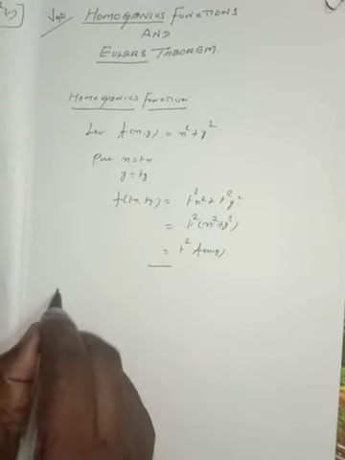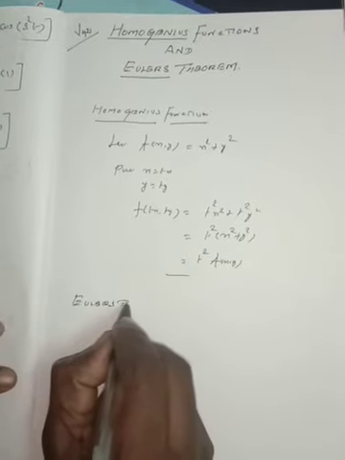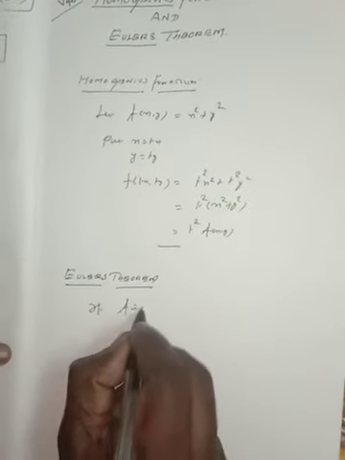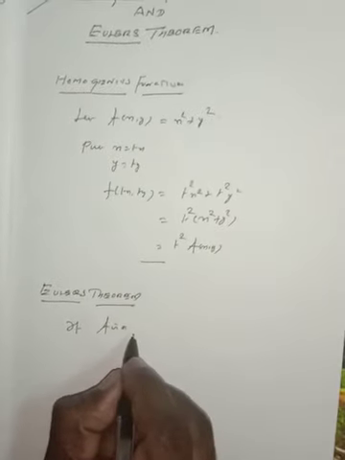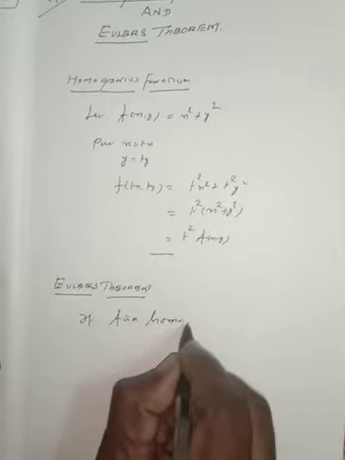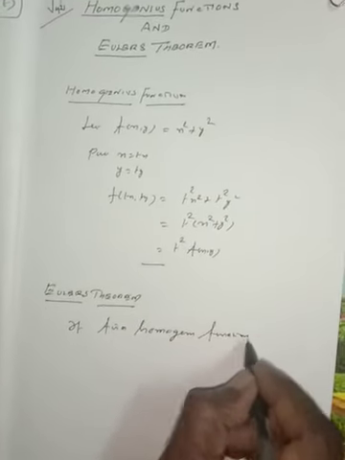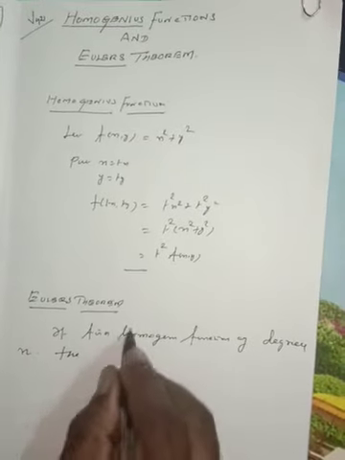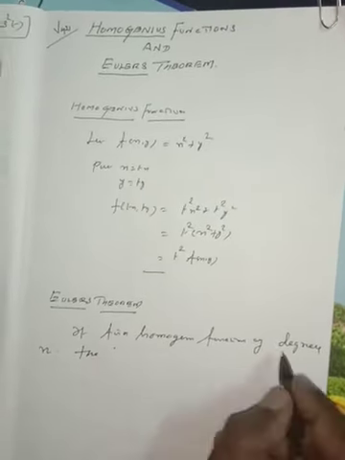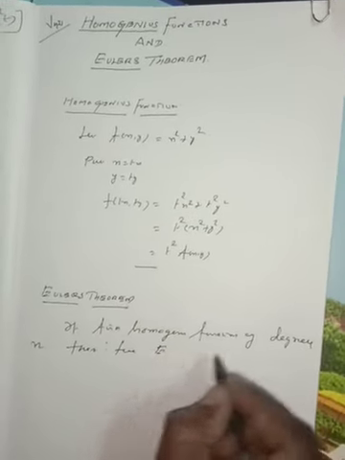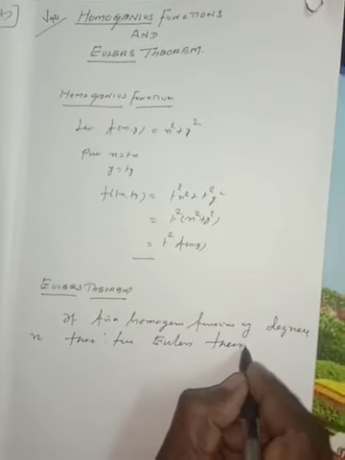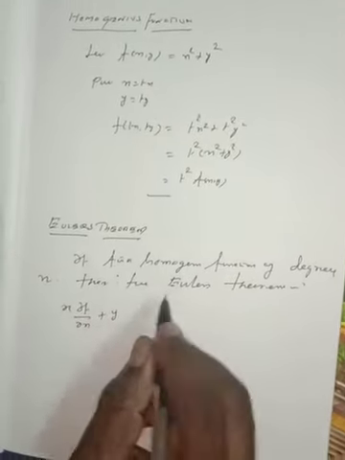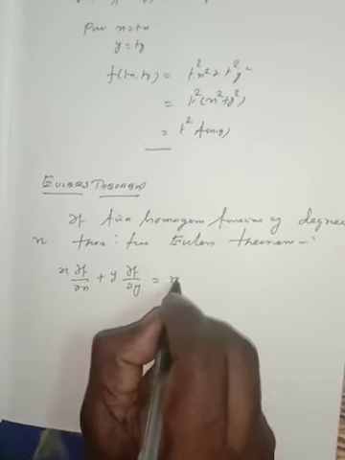Next, Euler's theorem. If f, meaning f of x y, is a homogeneous function of degree n, then Euler's theorem is: x dou f by dou x plus y dou f by dou y is equal to n into f.